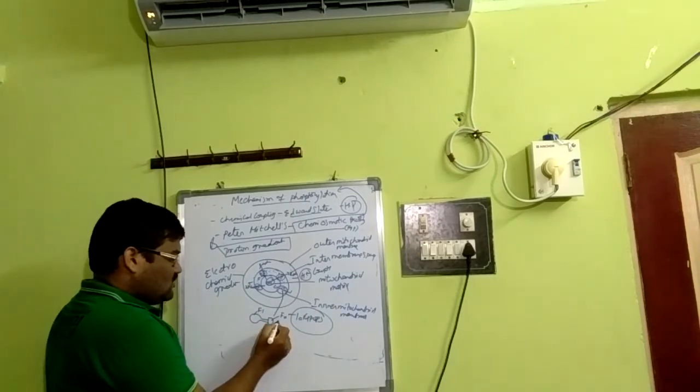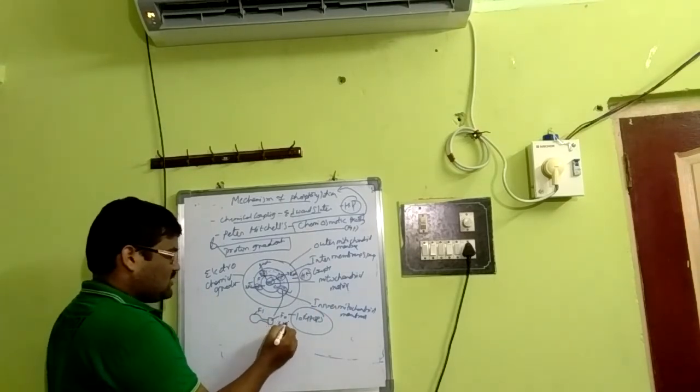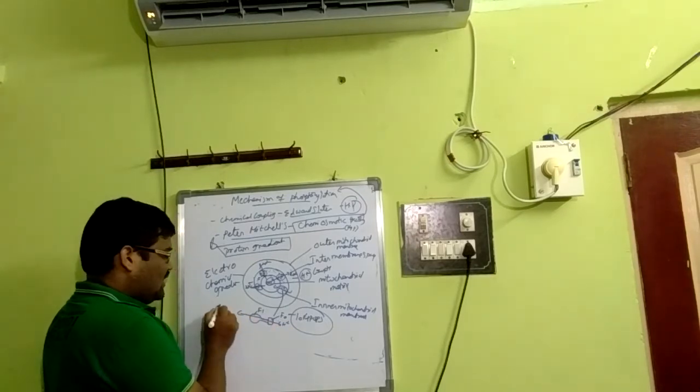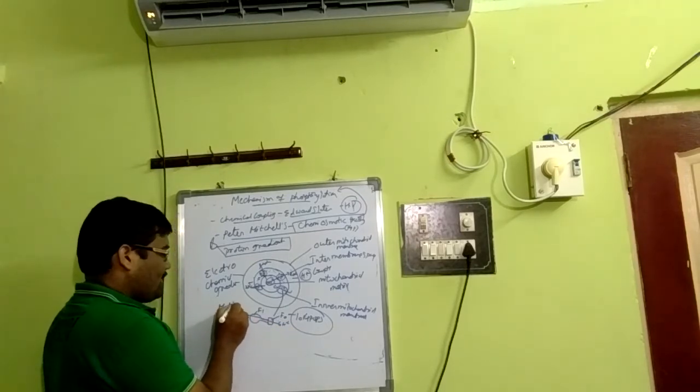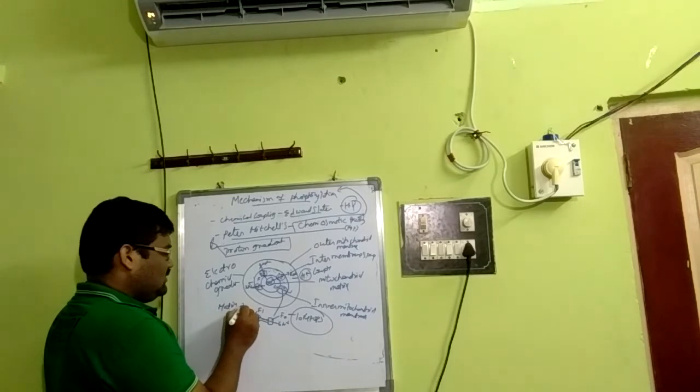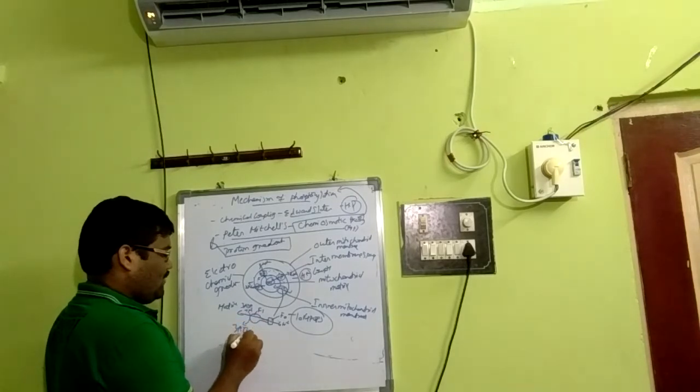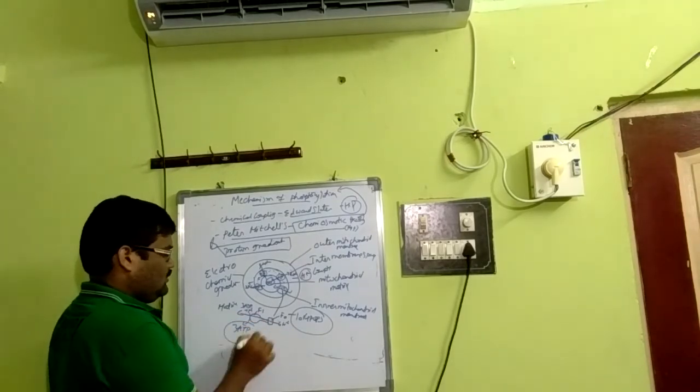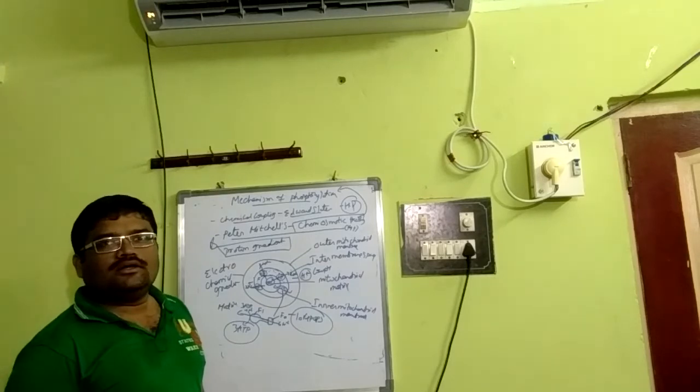Say 6 protons, for example, go inside the matrix again, and then 3 ATPs will be synthesized. This is clear, I think.